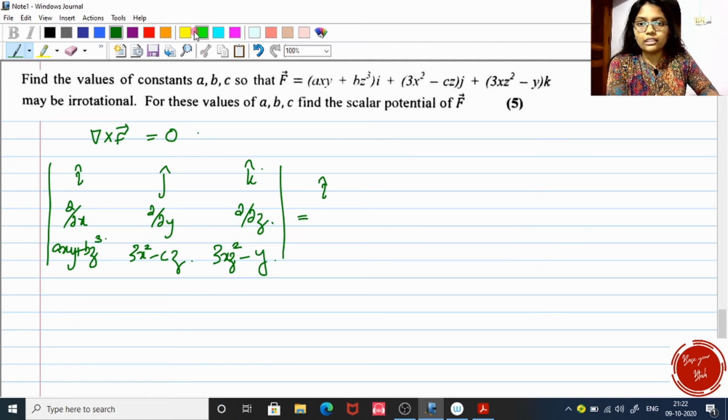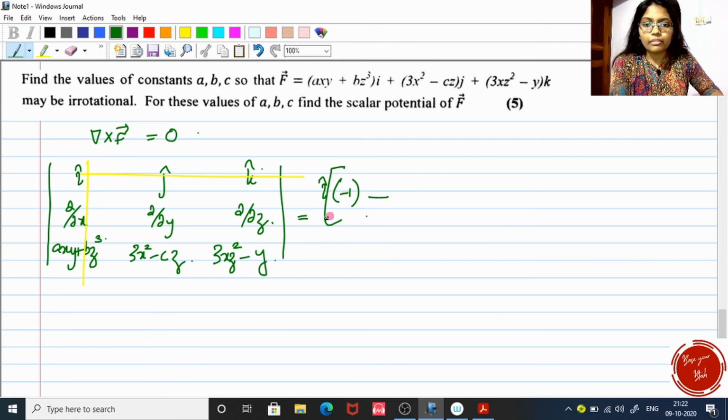When I cut this, you will get dou by dou y of this quantity, that is, here 3x square has derivative 0 because we are differentiating with respect to y, isn't it? So dou by dou y of negative y is negative 1, and minus dou by dou z of 3x square minus cz. Again 3x square has 0 derivative, and dou by dou z of minus cz is minus c.